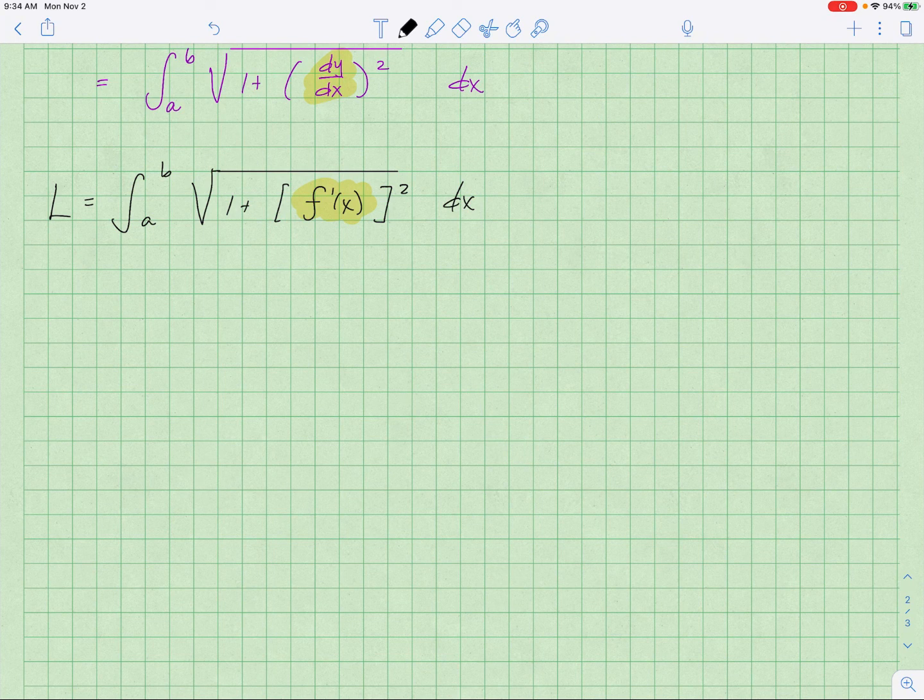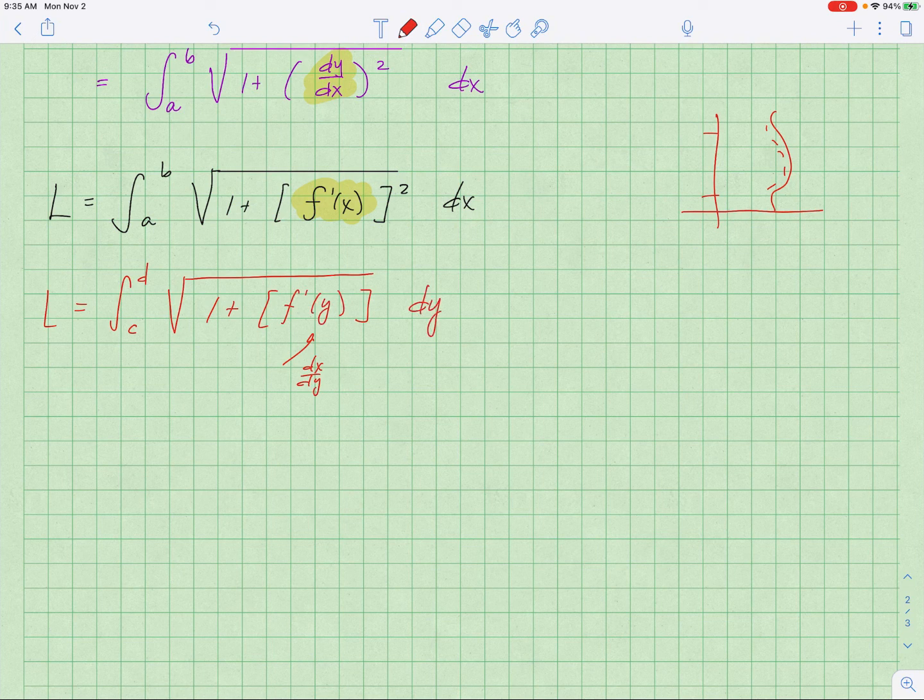Now, alternately, we could have just as easily flipped this around and done this as a type 2 curve, which wasn't a function, and integrated it with respect to y and done our little arc lengths, maybe vertically if we wanted to. The alternate version there would have been the integral from c to d of the square root of 1 plus dx over dy, but that's just f prime of y, dy.